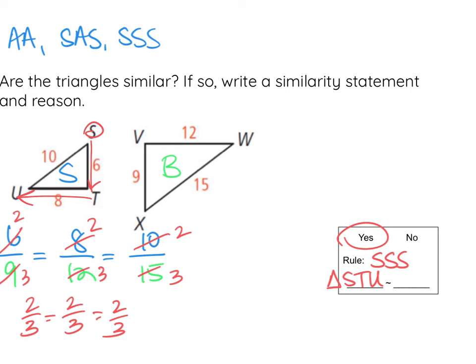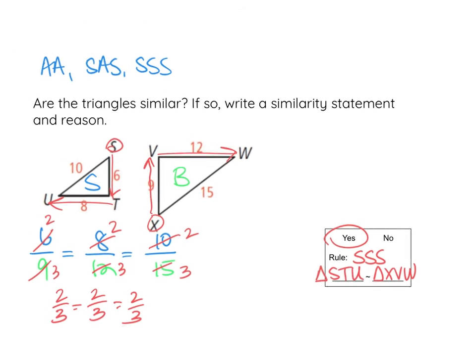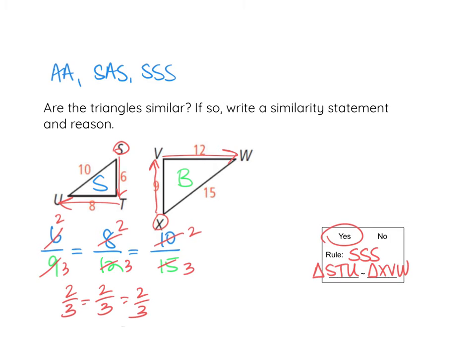I have to go smallest to biggest. So X, we're going to start there, go to V, and then to W. So triangle XVW. And that means that those sides correspond. So when I'm looking at similarity, I would know that angle S matches angle X, angle T matches angle V, angle U matches angle W. Again, just like we did with congruence.